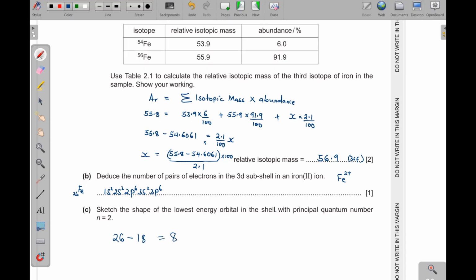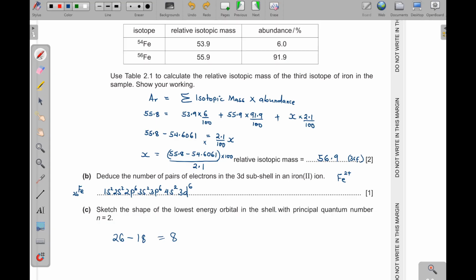After getting 8, those 8 are going to go into 4s and then the 3d. Remember, 4s is filled first before the 3d because of that overlap. So we put 2 here, and then the 6 will go here, such that this is a total of 8. When iron loses electrons, it loses first from the 4s. So we shall have 0 electrons in the 4s, and then 3d6. This is for iron.